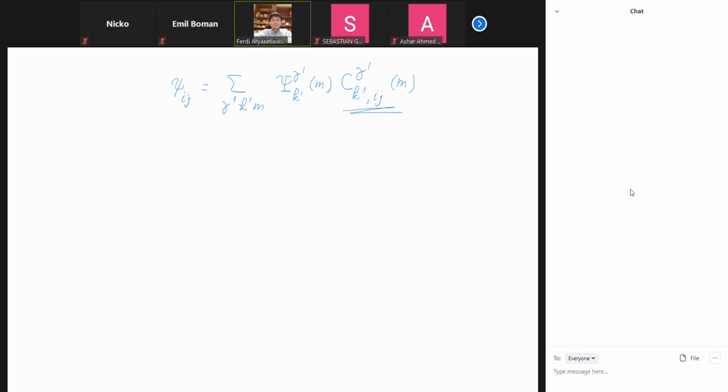So now we will calculate the matrix element. We look at gamma I beta j.